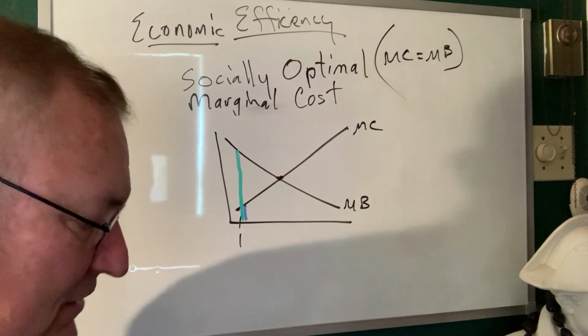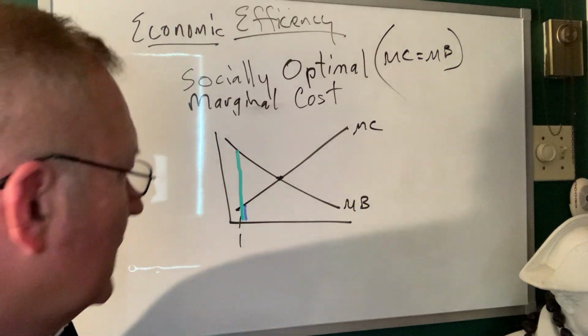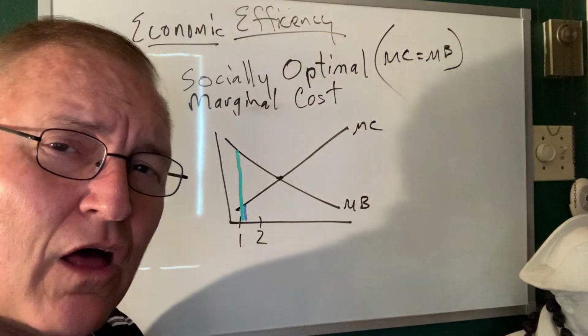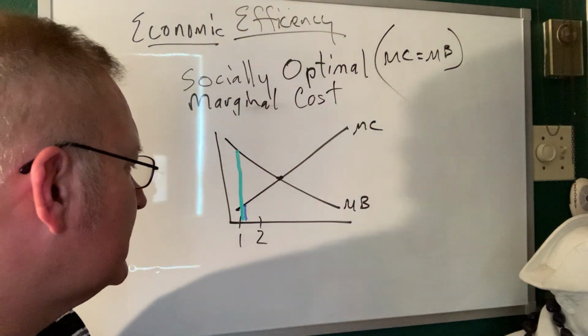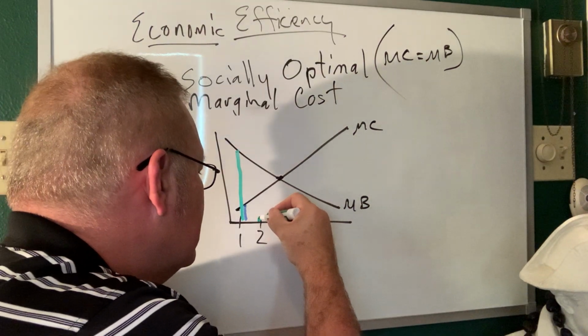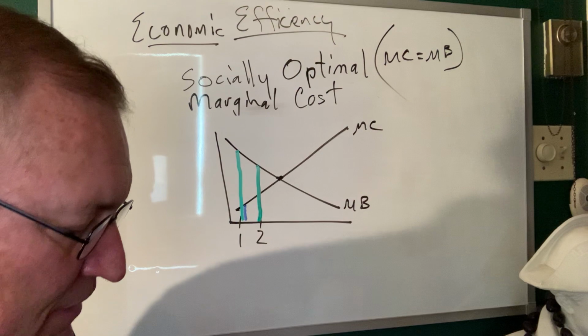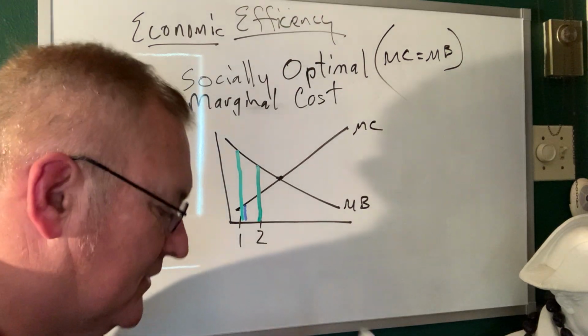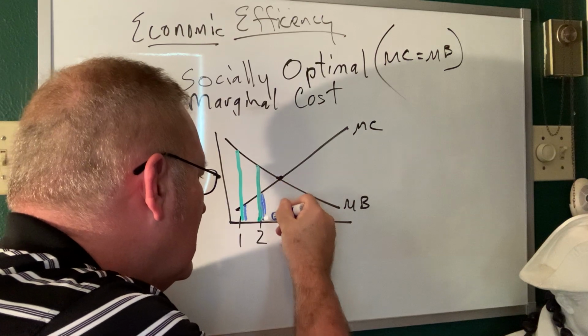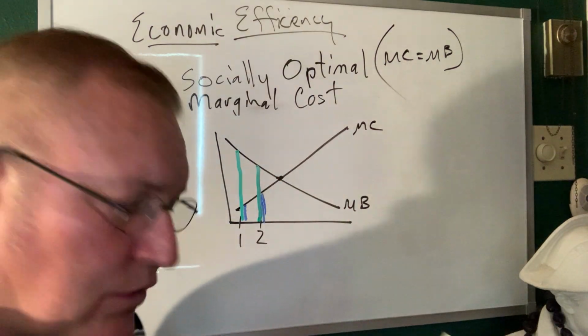All right, what about the second increment? Okay, so second increment, because so long as the benefit exceeds the cost, then generally, ceteris paribus, consumers will consume. So if the benefit's way up there and the cost is still lower, then yeah, we're gonna do it.